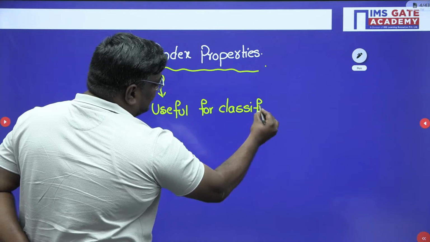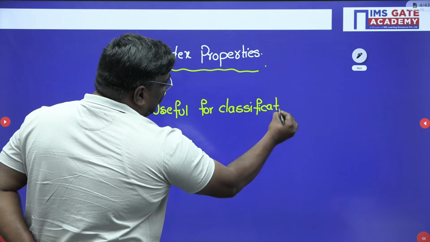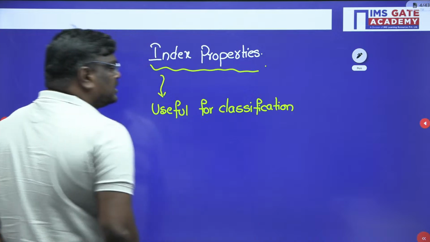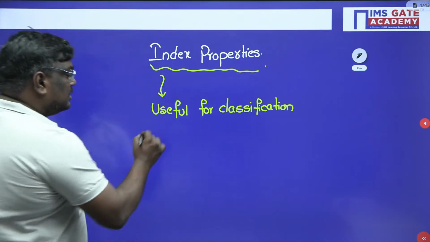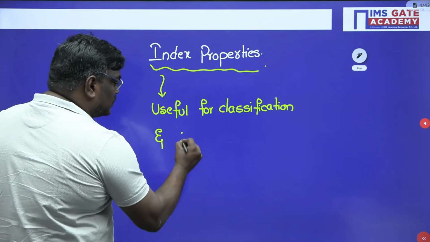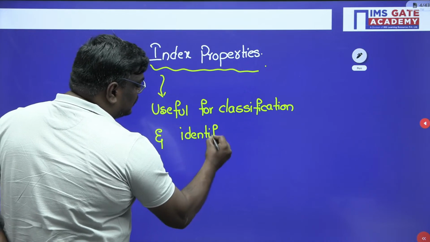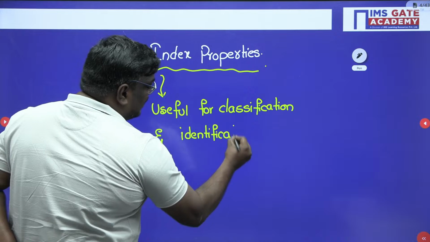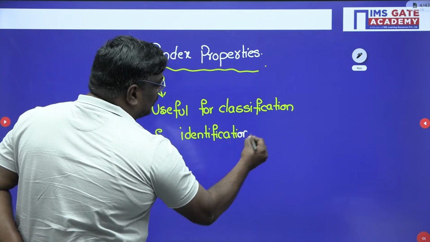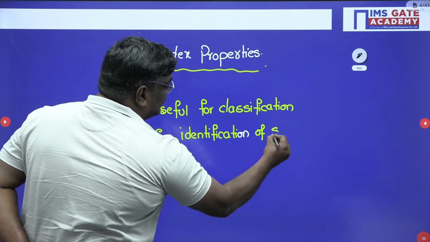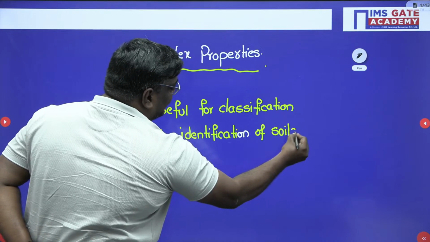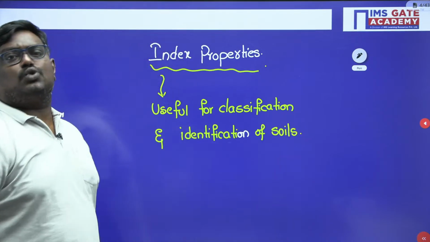Soil can be fine grained or coarse grained. So index properties are useful for classifying the soil, and also for identification of the soil. So please understand why you want to study about index properties of soil: these are useful for classification and identification of the soil.